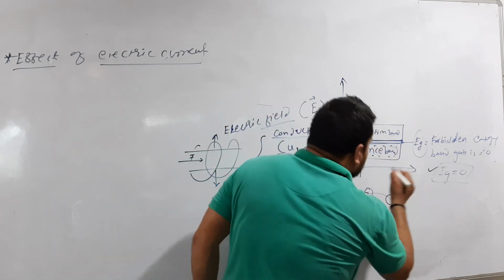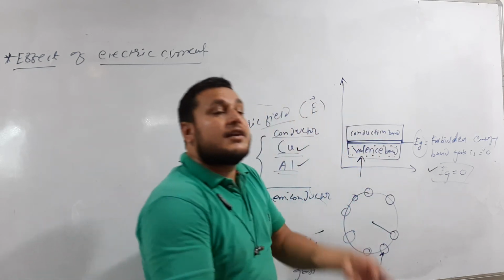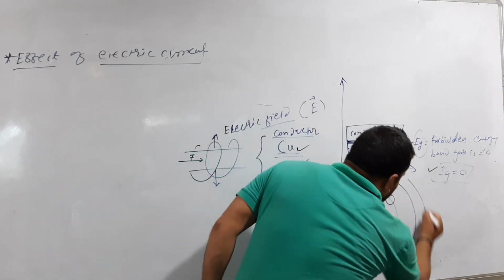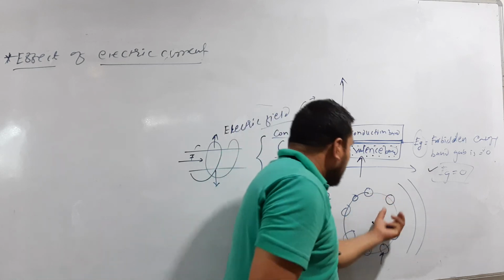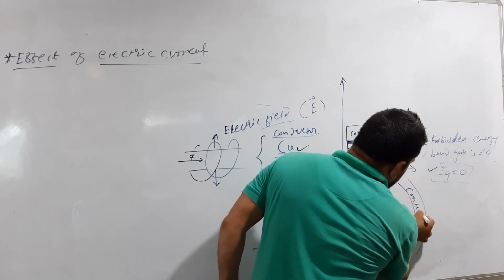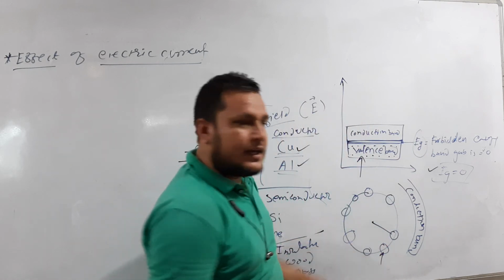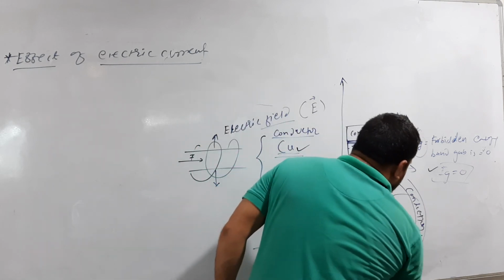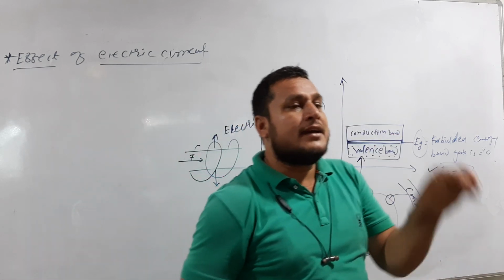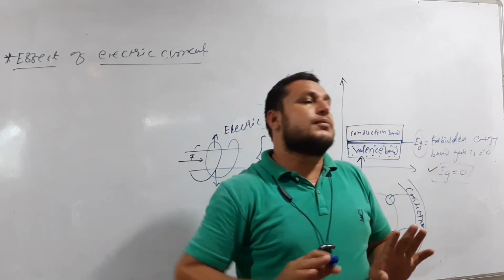After giving a charge to that valence electron or free electron, these electrons get excited and move from valence band to conduction band, from lower level to upper level. And here is our conduction band. When the charged electrons reach the conduction band, that atom is able to share a charge with the neighboring atom.